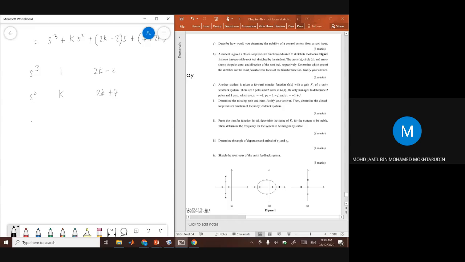Okay, row s1 you get... this is 0, and then row s0 you get 2K plus 4.